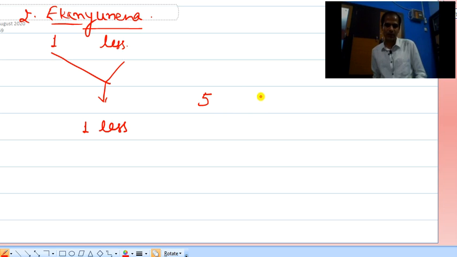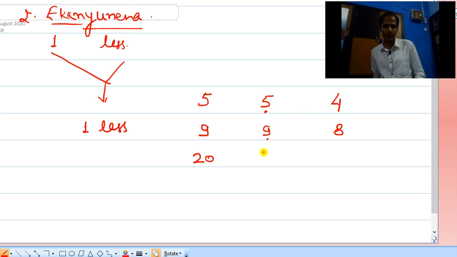If the number is 5, then eka nyunena is written as a dot below 5 and the number will be 5 minus 1 equals 4. Second number is 9, write a dot below 9 and 9 minus 1 will be 8. Next is 20, so the eka nyunena will be a dot below 0 and 20 minus 1 will be 19.